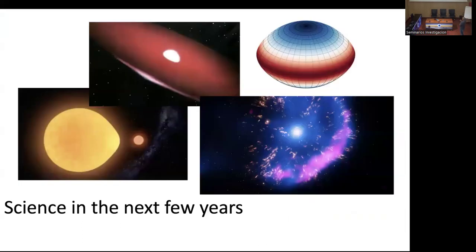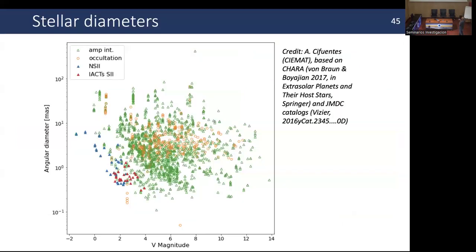So what kind of science are we planning to do in the next few years, and already doing? I will focus on 3 examples, essentially. The first one is simply to go on measuring stellar diameters. This is done already. There are many measurements coming from phase interferometry of many stars.